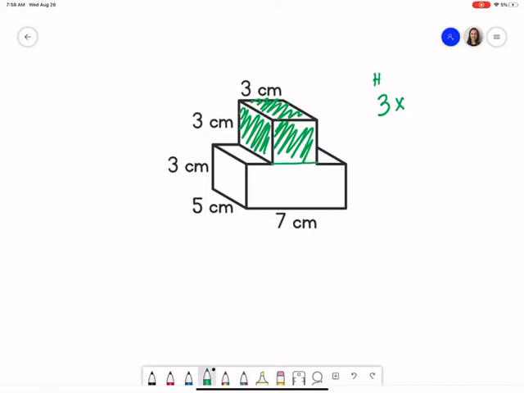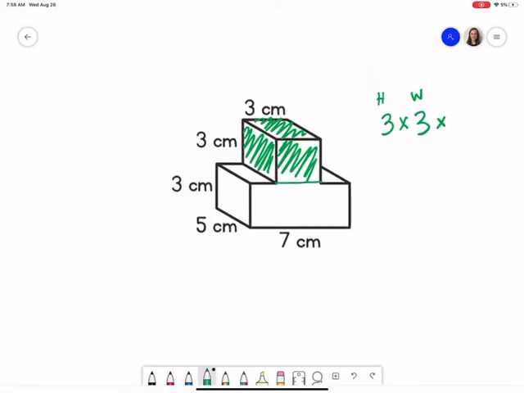It has a width of 3. And then its length is going to be 5, because we talked about how this measurement is the same as this measurement, which would be the same as this measurement. So that would be 5. Okay, so that's the length.